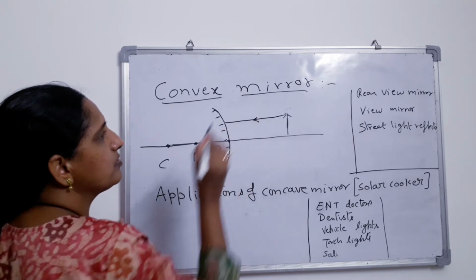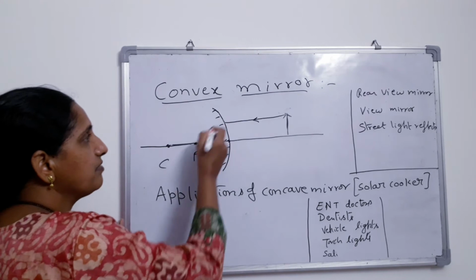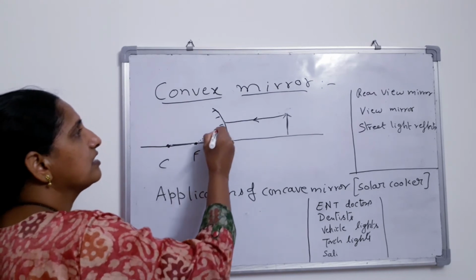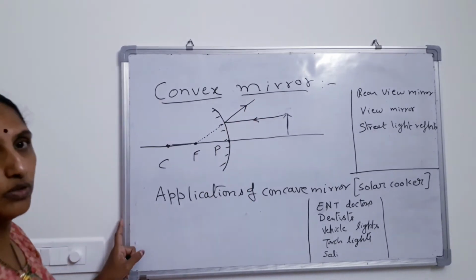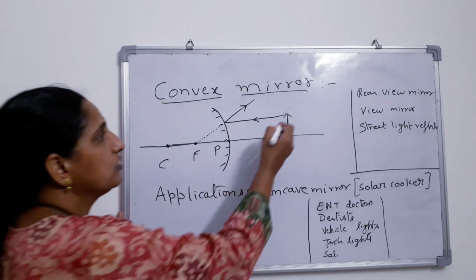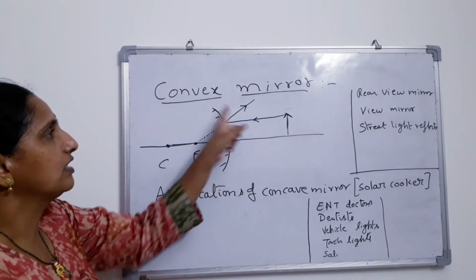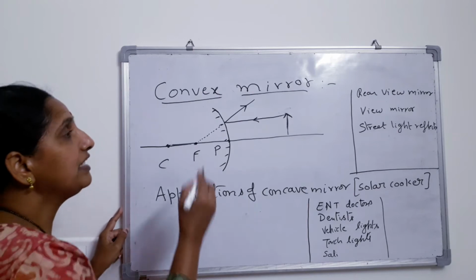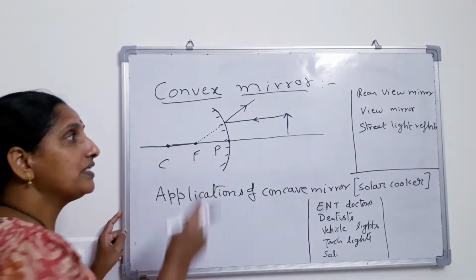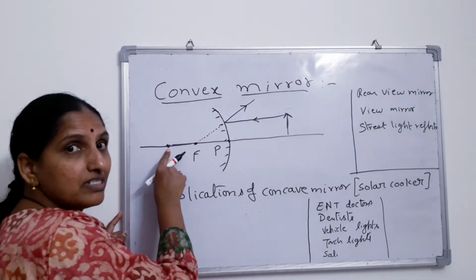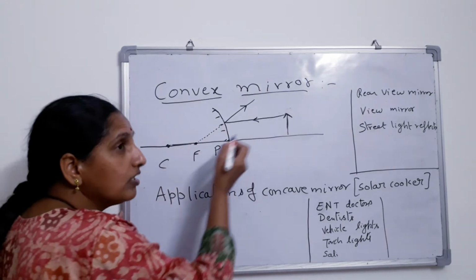So now, parallel to the principal axis, we are taking one particular ray. It reflects back as though it is passing through the focus. And we shall take one more ray, which is passing through the center of curvature, which is as though along the normal.